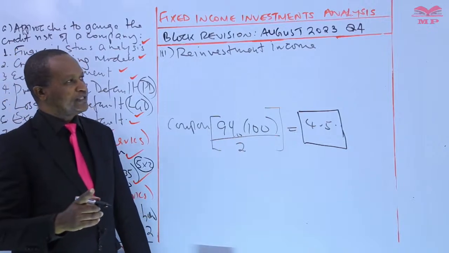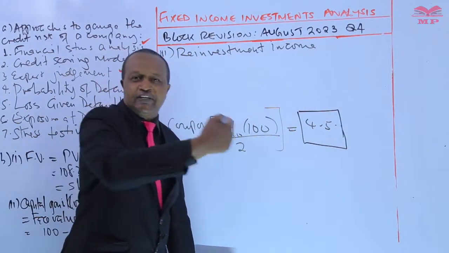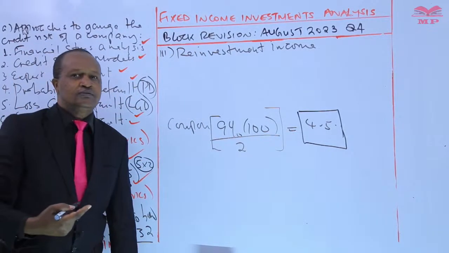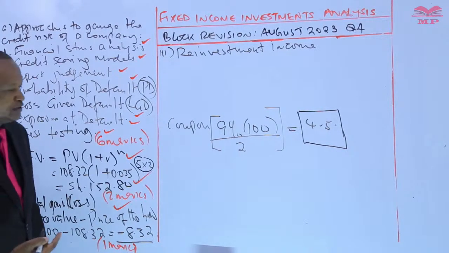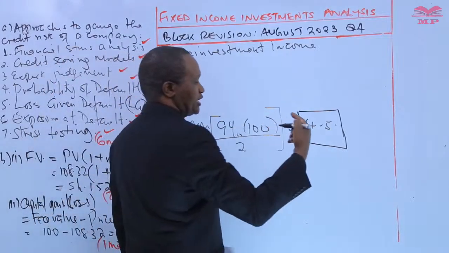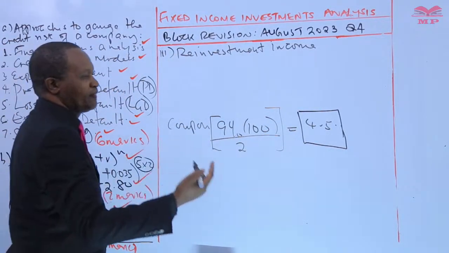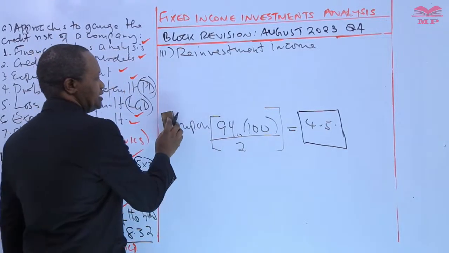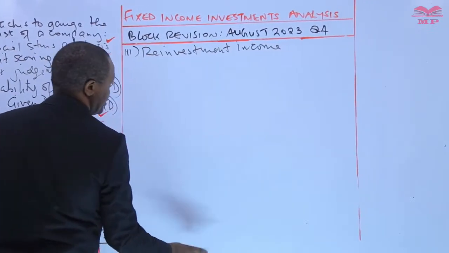So the income that is generated is reinvested. And that is what you are required to calculate. So it is invested at the end of every period. We are going to calculate this interest at the end of every period.